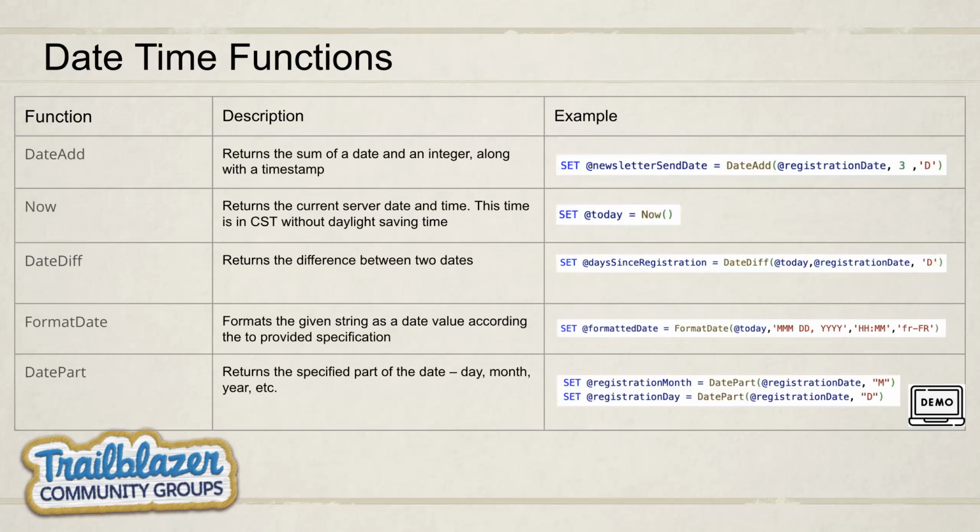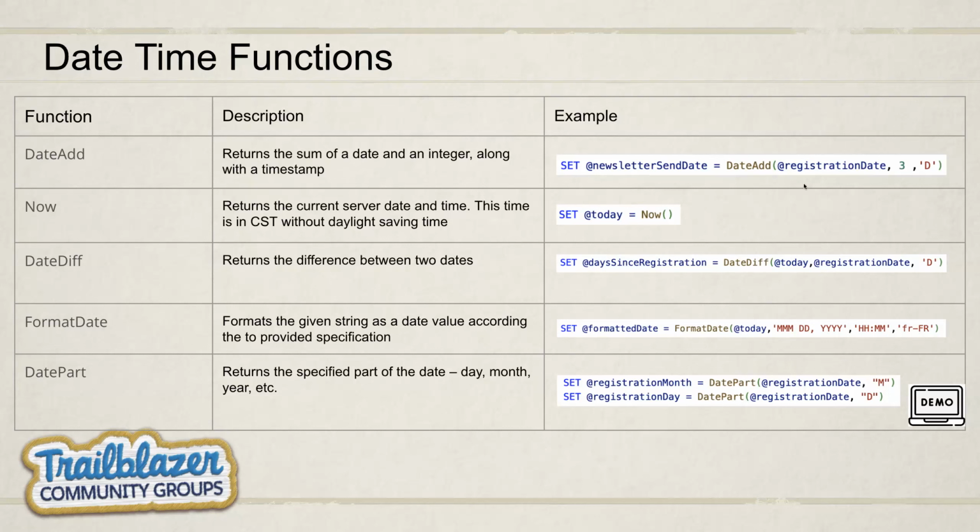Moving on to the date time ones. There's a couple of utility functions in the date time world that are useful, and we'll see some of these in the demo. Let's move through these. So the date add function returns a sum of a date and an integer. We also pass in this third parameter, which can be D, Y, M, or there are some other things that you can check out in the documentation.